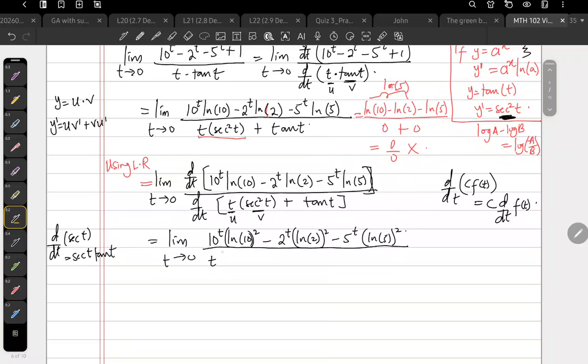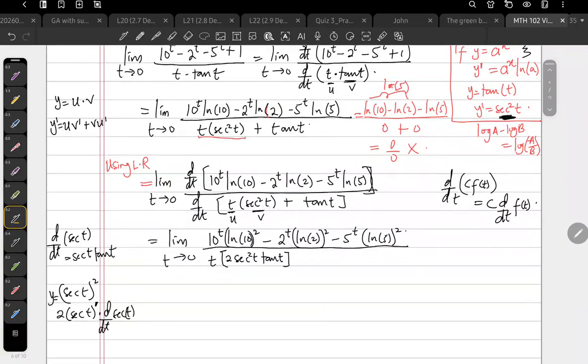That is going to give us 2 sec squared t tan t. That is simply a result of the chain rule. When you know that sec squared t can be written as sec t squared, if we use the chain rule, this will give us 2 times sec t raised to power 1 times the derivative of sec t, which is how I got what is inside the bracket here.